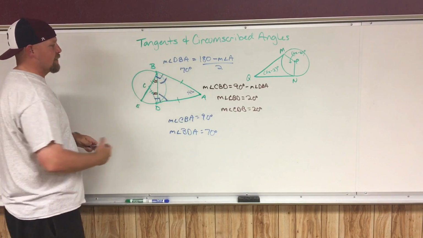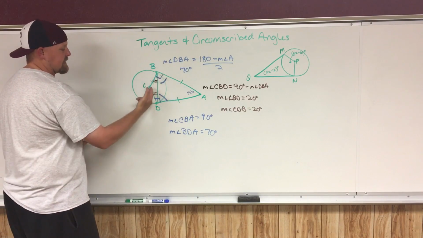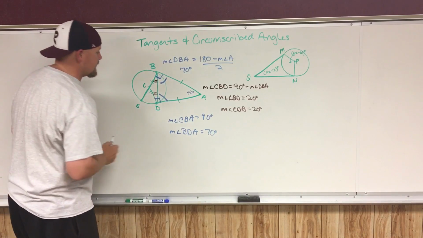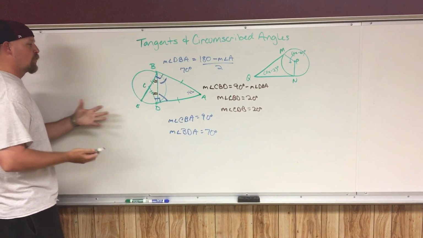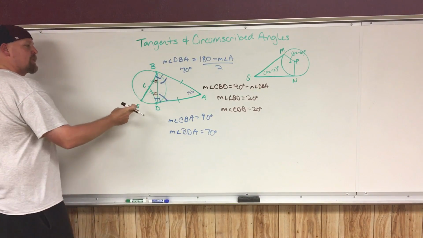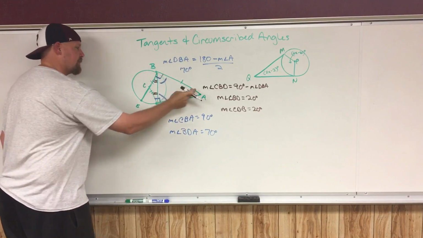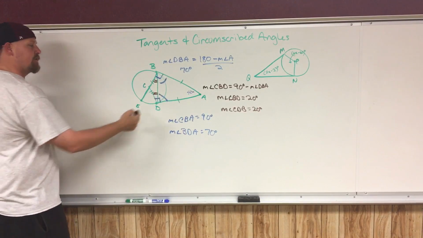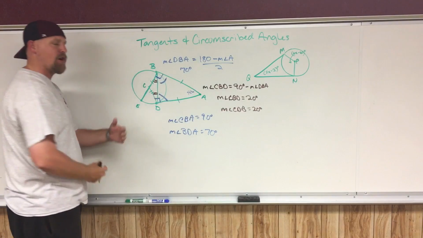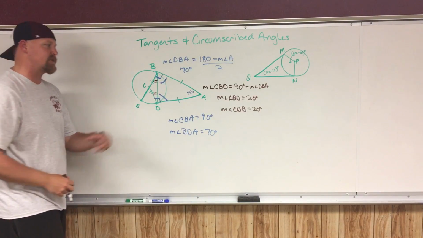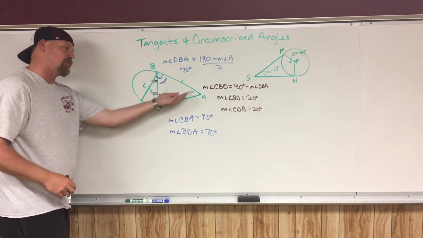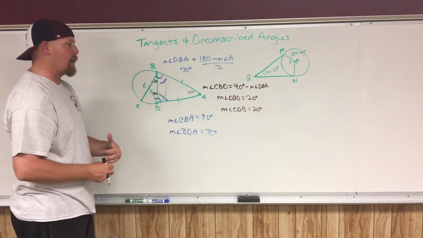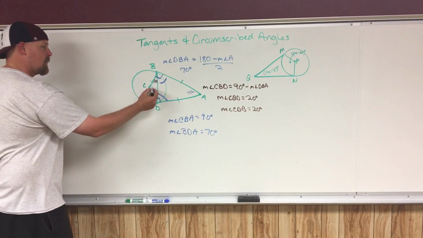And then the last thing here, we have the measure of BCD. Well, it's real simple in that it's the quadrilateral here. This is a quadrilateral. So if these are 90 degrees and this is 40, then all four of the angles add up to 360. So I can take 90, 90, and 40 away from 360, and I can come up with my angle here in the middle.